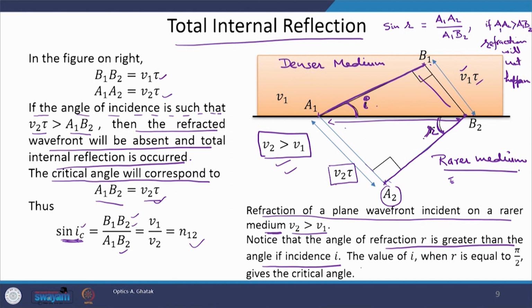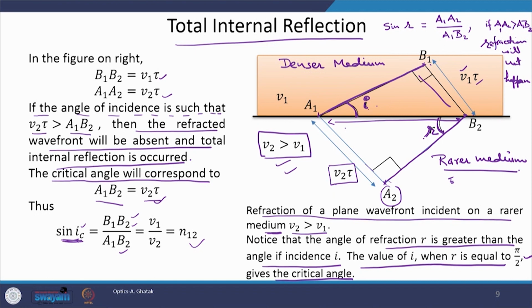The value of i when r is equal to pi by 2 gives the critical angle. And this is all for total internal reflection.